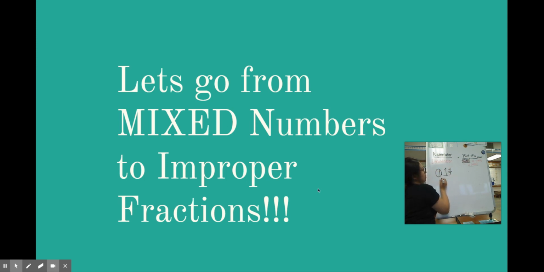Number 2, let's go from improper. So if you have a mixed number, you're going to improper. If you have improper, you're going to mixed number. Number 3, let's do 2 and 3/8. And last but not least, number 4, let's do 17/5.